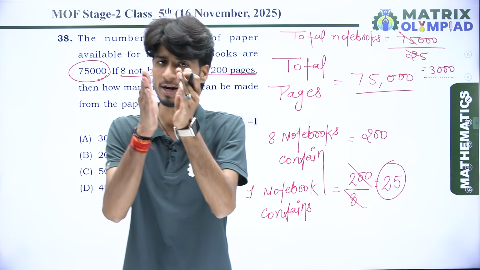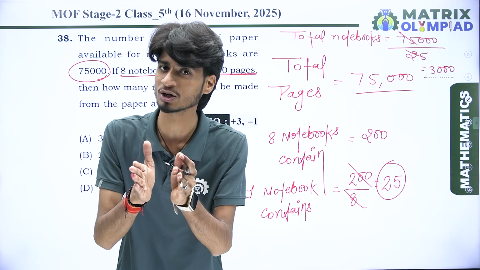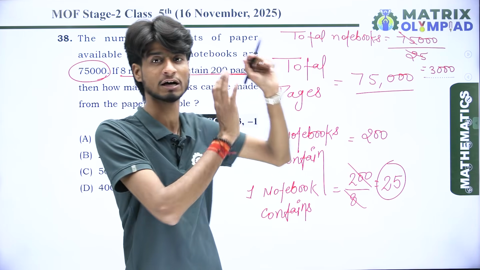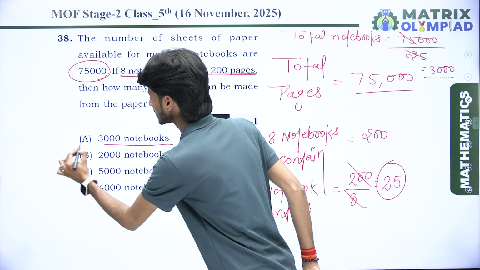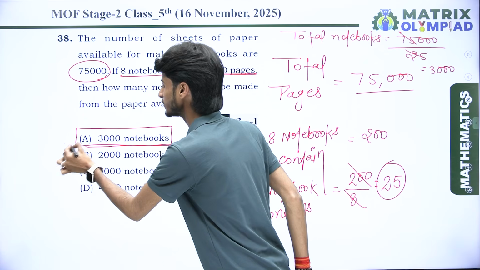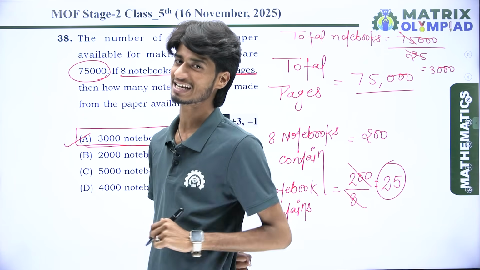That means if one notebook contains 25 pages, then we can make 3,000 notebooks from the 75,000 pages, and 3,000 notebooks is represented in option A. So option A is the correct answer for question number 38. Let's come to the next question.